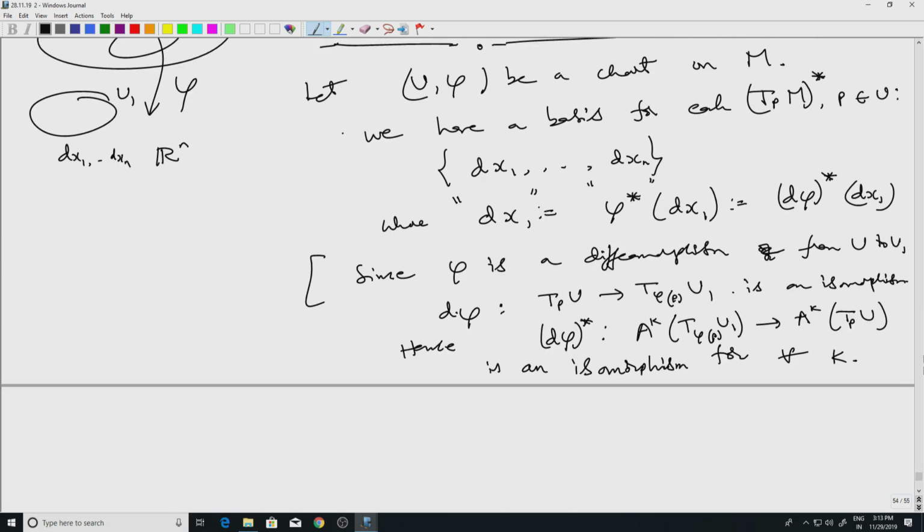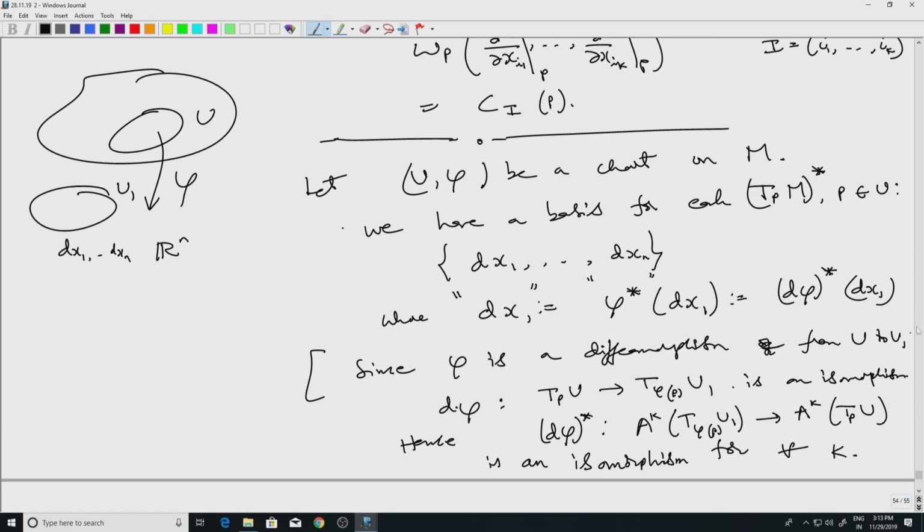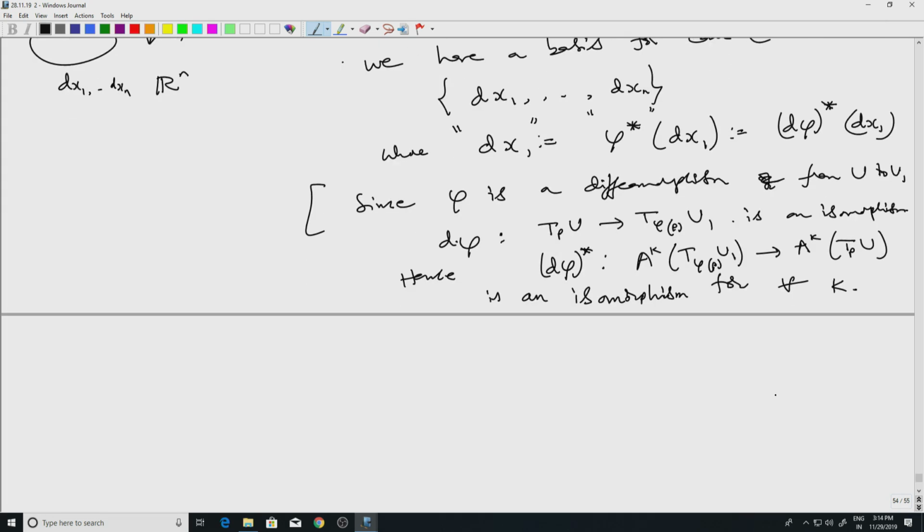So therefore, the point is that, in particular for one forms, if I start with a basis for the dual space of the tangent space in Rn, and I pull it back via d phi, I get a corresponding basis for each T_p M star.